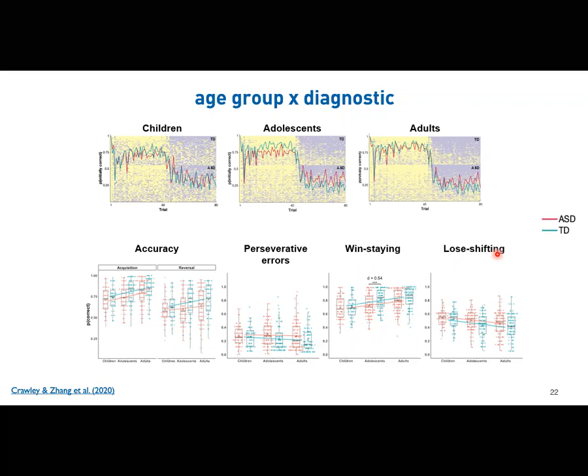If I choose yellow and get positive feedback, do I still choose yellow? This is a win stay. I basically repeat my previous success. Lose shift is the opposite: if I choose yellow and I lose, then I'm likely to change to the alternative and choose blue. As you see here, for both win stay and lose shift, there's a difference between the ASD and TD, okay? Good. And some other things can also be analyzed.